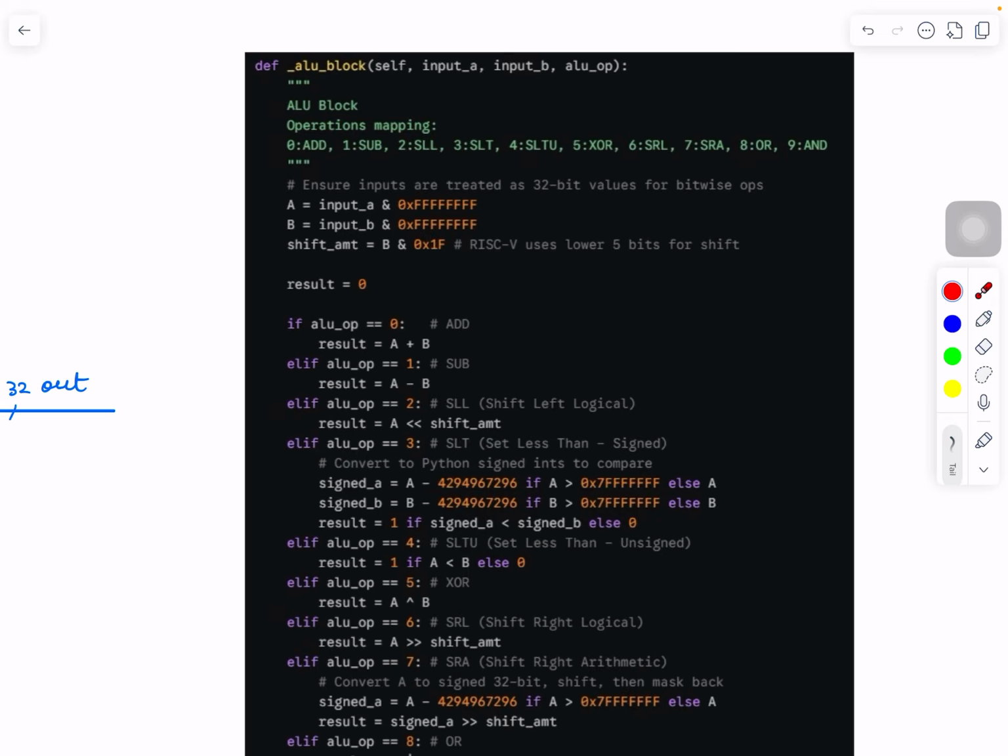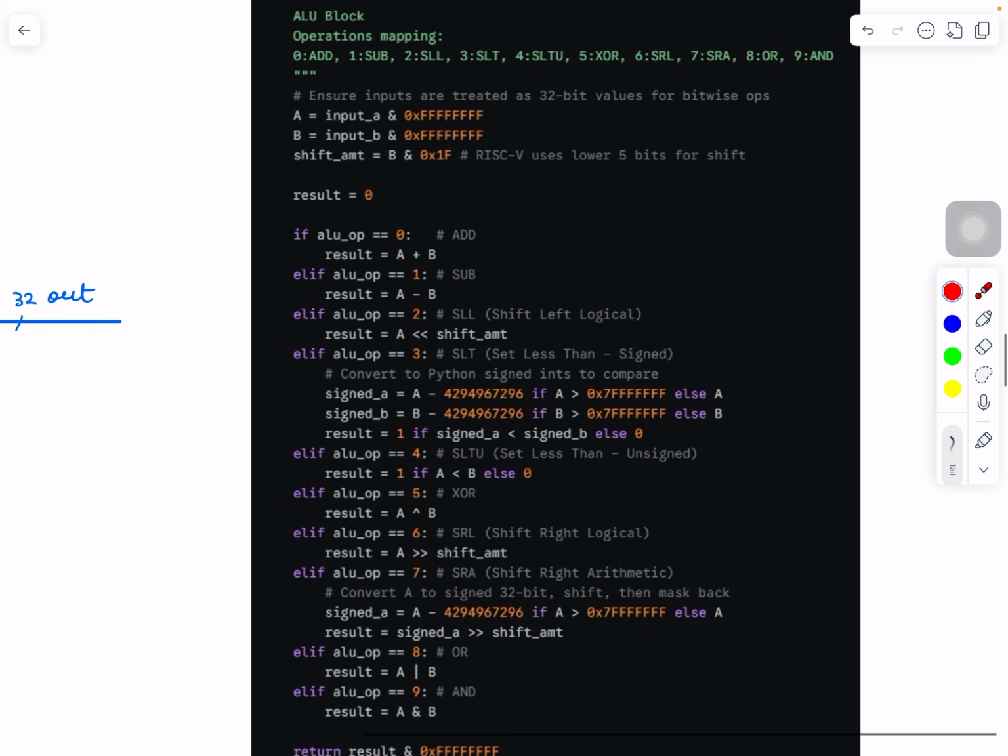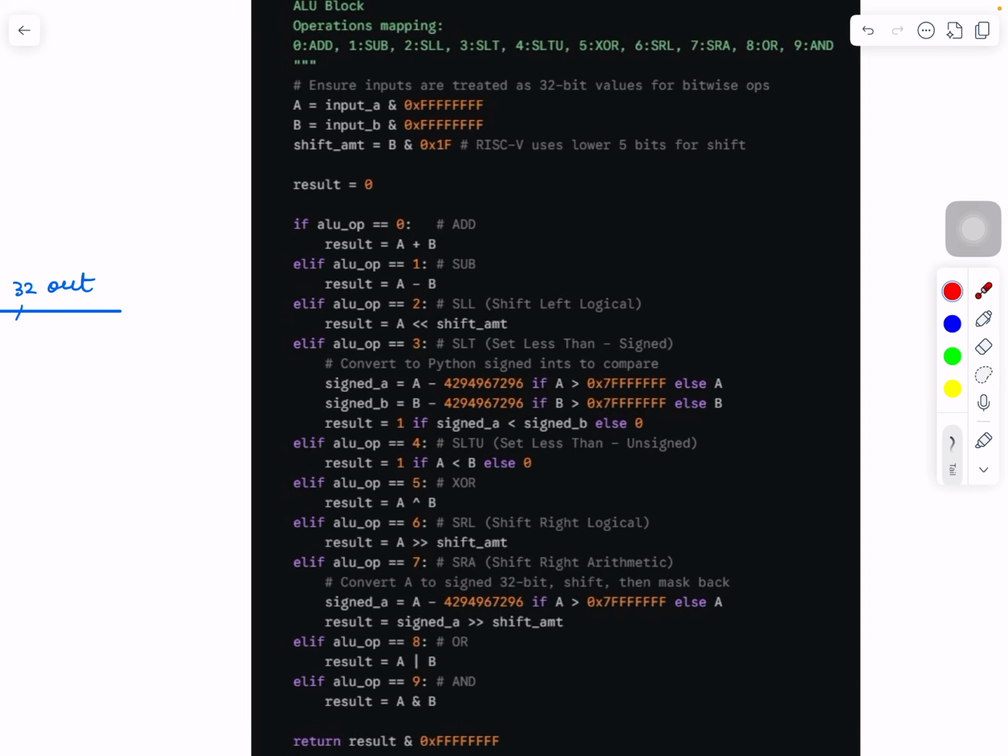And the same thing, the shift amount is only 5 bits. So 1 is 00001, so only 1 bit, and the 4 bits here, 5 bits. Okay, the result is going to be returned. Modeling in Python is simple. All I do is ALU op equal to 0, just A plus B put into the result.